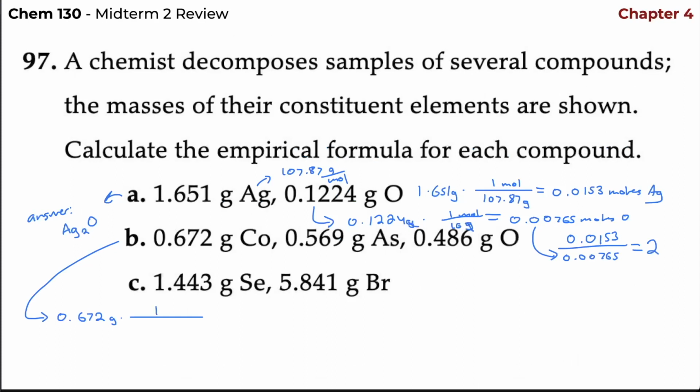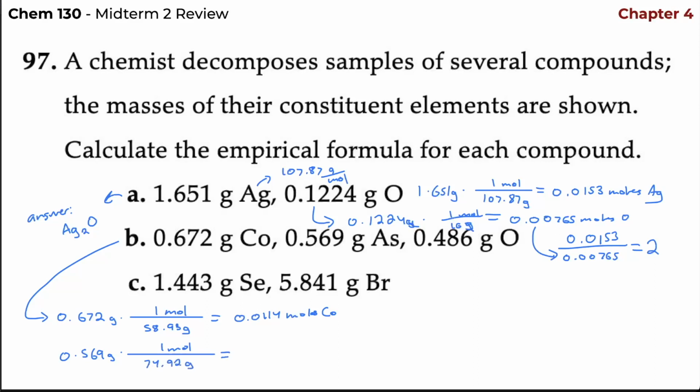So 1 mole over 58.93 grams, which is going to give us a number of 0.0114 moles, right? Moles of cobalt. And then 0.569 grams times 1 mole over, for As, it's 74.92, right?